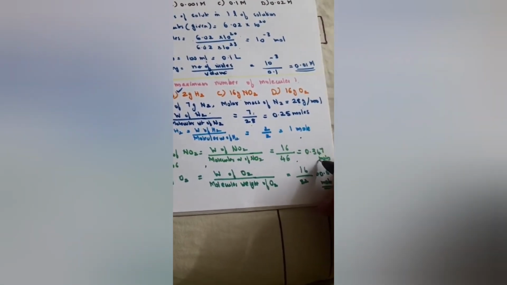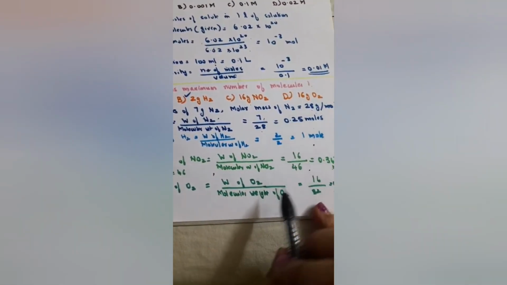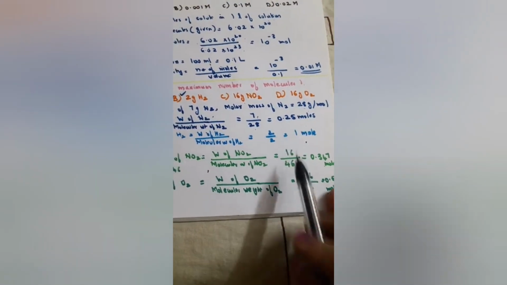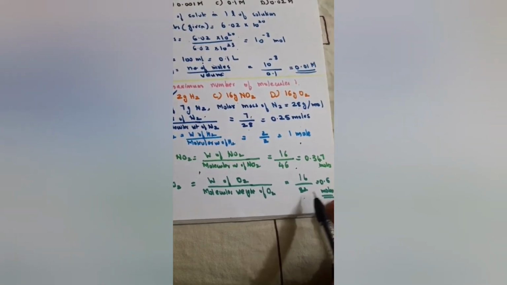Similarly, the number of moles of hydrogen is 2 by 2, which is equal to 1. Now that of NO2: weight of NO2 is 16 gram divided by mass of NO2, 46, which is equal to 0.347. And the number of moles of oxygen is 16 divided by 32, which is equal to 0.5.